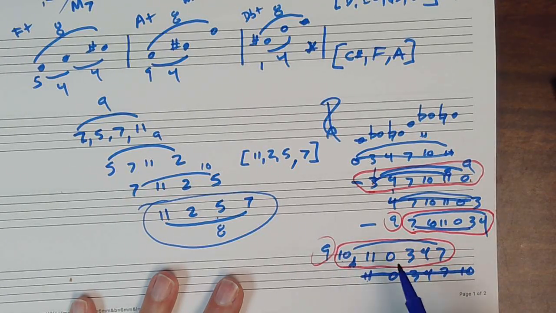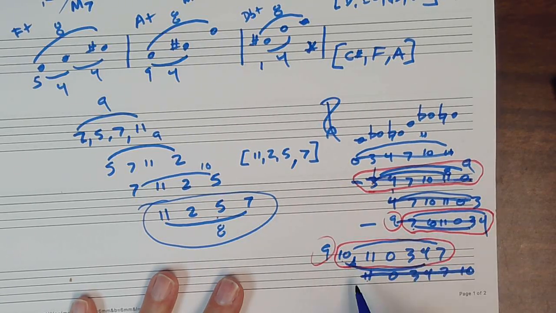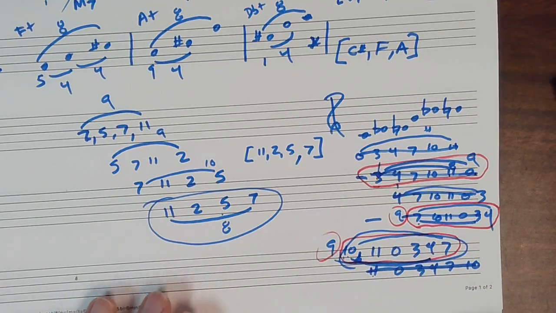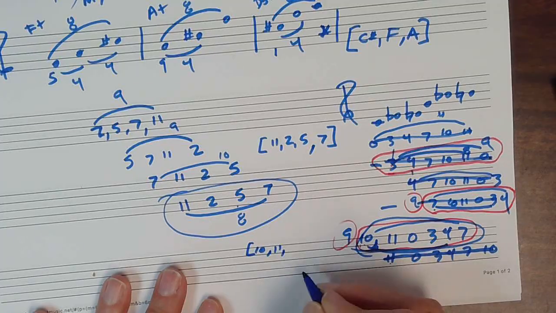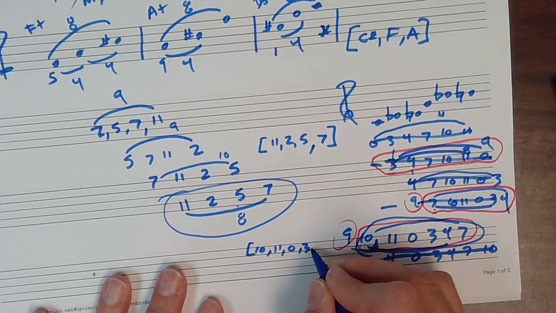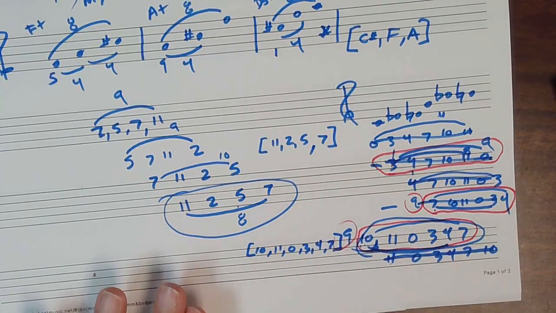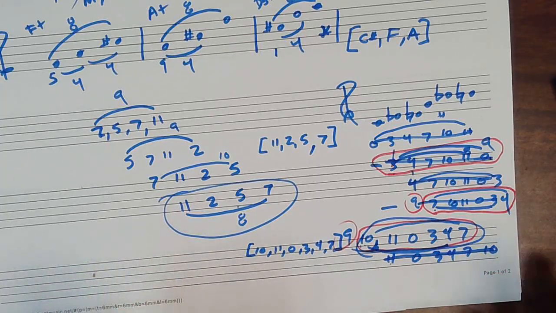And here, 10 to 4 is 6. So we have a winner. This is it right here. 10, 11, 0, 3, 4, 7. So the answer for this one is 10, 11, 0, 3, 4, 7. That is normal form.